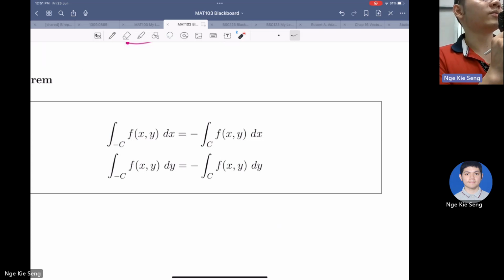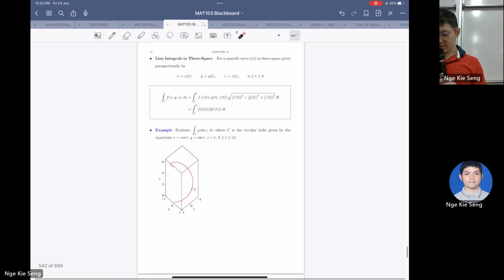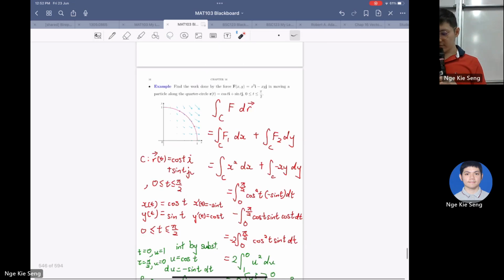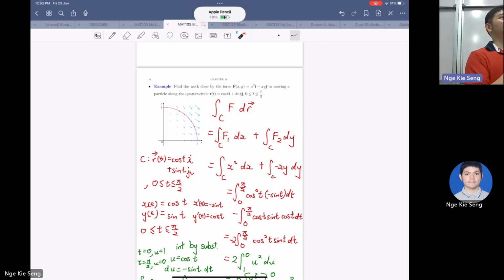Yes. So you see, the problem changed into the one variable case, right?